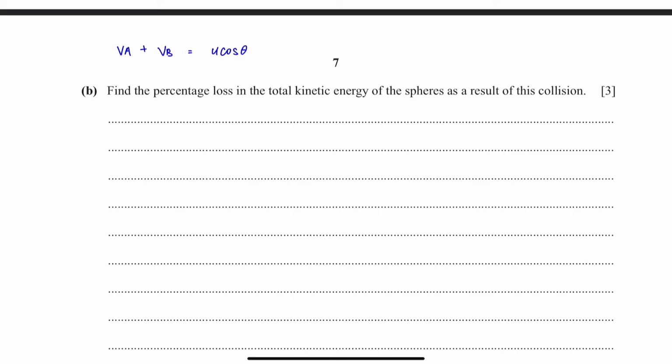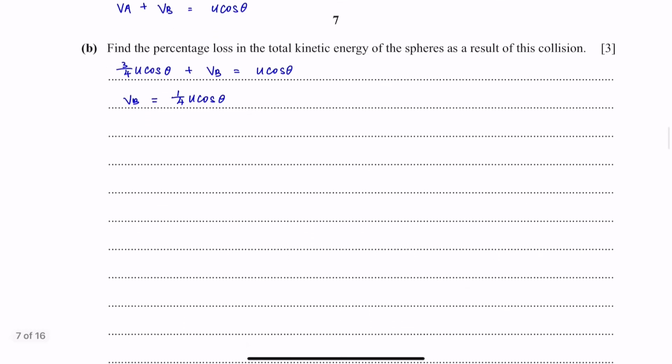So we have VA, which is 3 over 4 u cos theta, plus VB equals u cos theta, and VB would be 1 over 4 u cos theta.